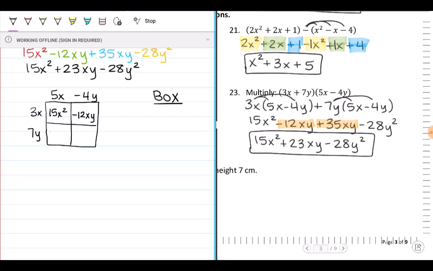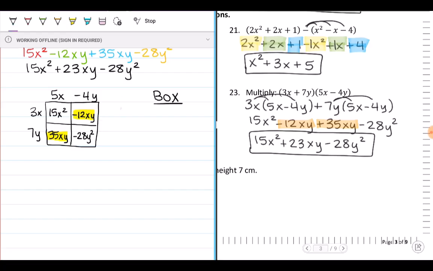So 7y times 5x would be 35xy. And then 7y times negative 4y would be negative 28y squared. This is the area of each of these little boxes. So you would then add up all of the areas, and you'll find that you have some like terms here and here. The other two are going to be different.